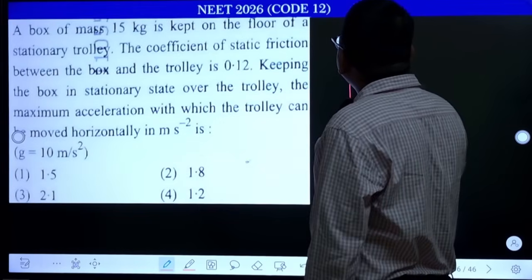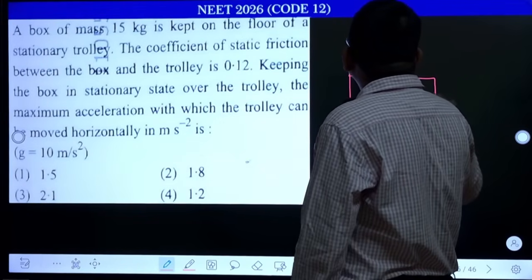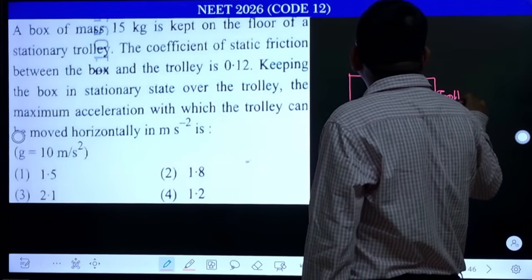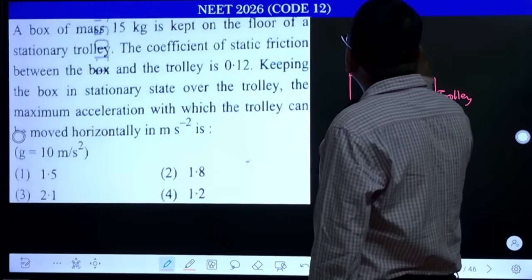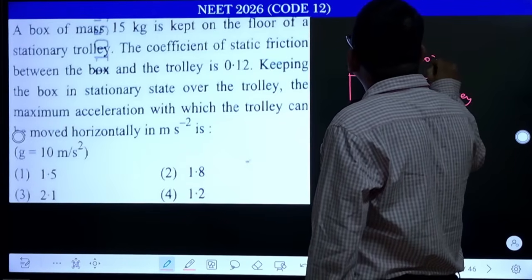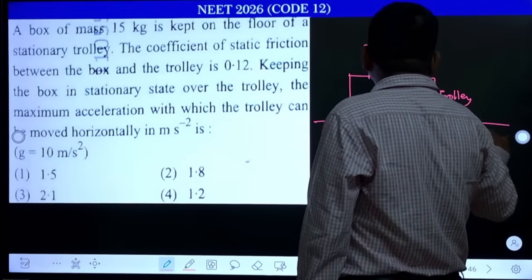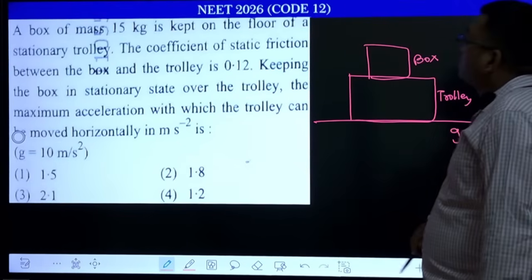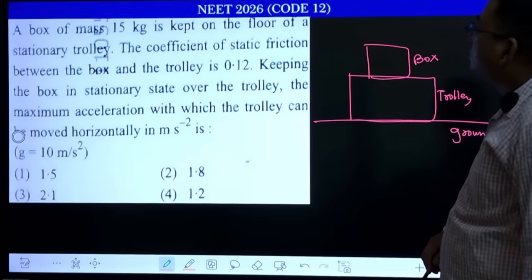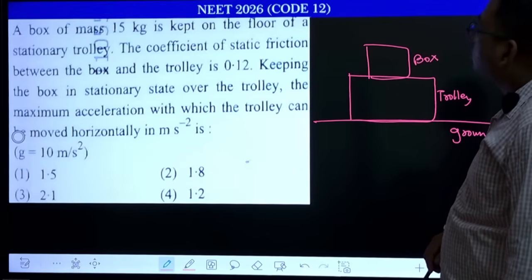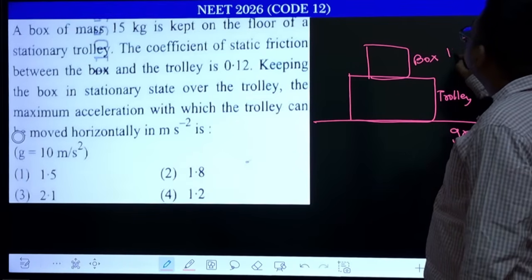So it is like a trolley here, and then there is a box, right? And this is the ground. Okay, box mass is 15 kg.